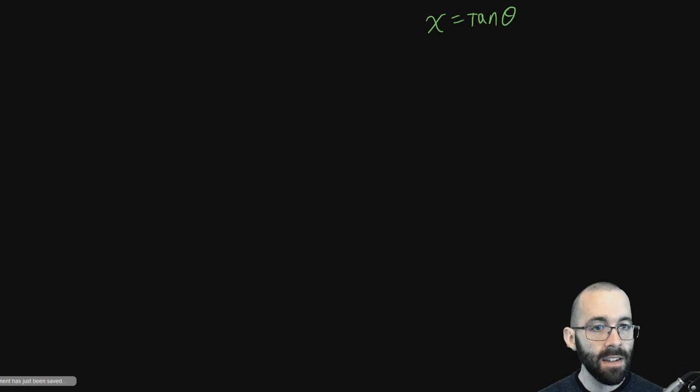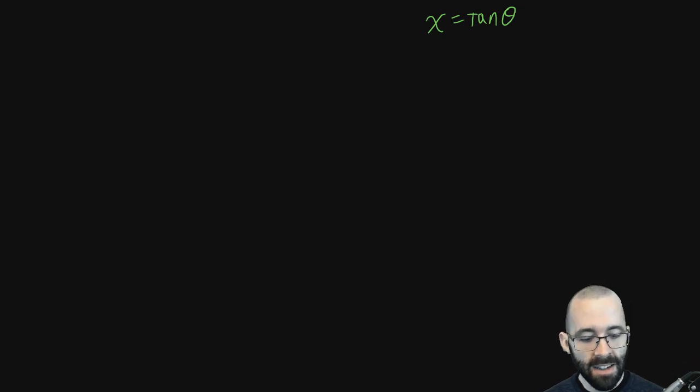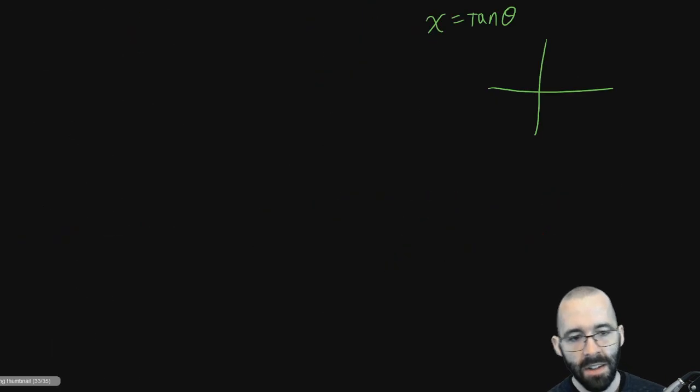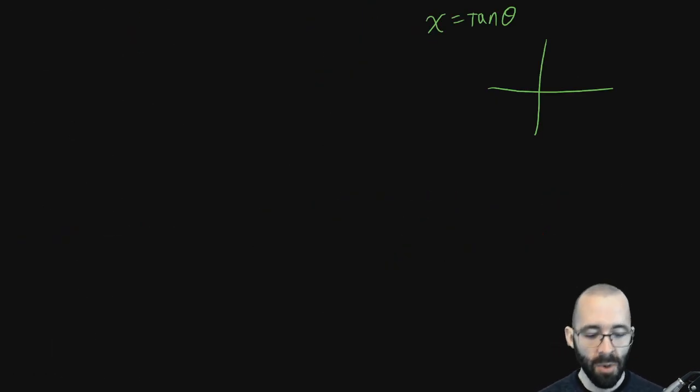Well, we'd go off to the side and say, okay, x is tangent of theta. What's secant of theta? Well, do we know what quadrant we're in? Yep, just like before. Theta is between negative pi over 2 and pi over 2. Oh, maybe we don't know. We're either in the first or the fourth quadrant. But cosine's positive in first and fourth quadrant, so it doesn't matter.